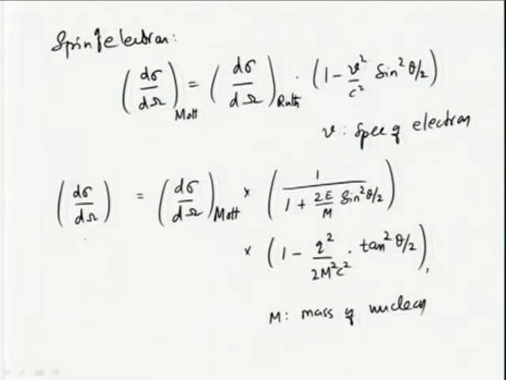This is for a spin half particle, still a point particle. We have not added anything else, we are still considering a point particle, there is no distribution of the charge that we are considering, or the form factor has to be considered along with this, over and above this.